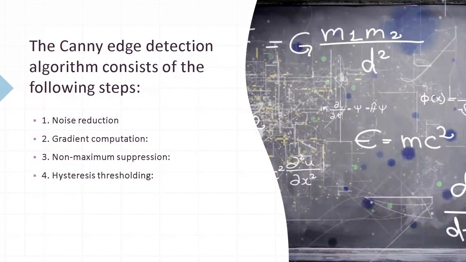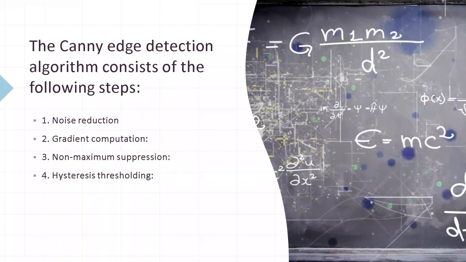Then the Canny edge detection algorithm consists of a few steps: noise reduction, gradient computation, non-maximum suppression, and thresholding. So we will discuss them one by one.